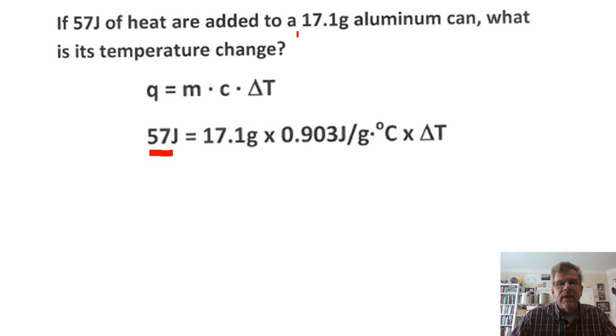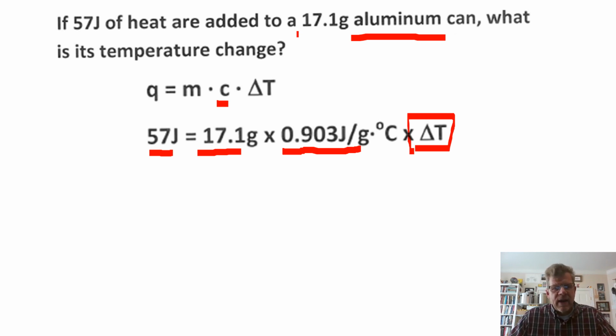The mass of the can is 17.1 grams. The heat capacity of what? Well, aluminum. We can go back to that table and find the heat capacity of aluminum as a physical property of aluminum and plug that in. And then we are solving for delta T.